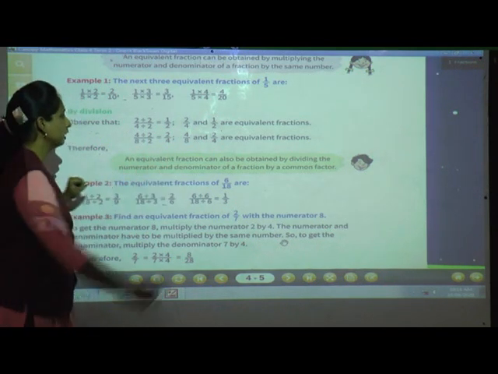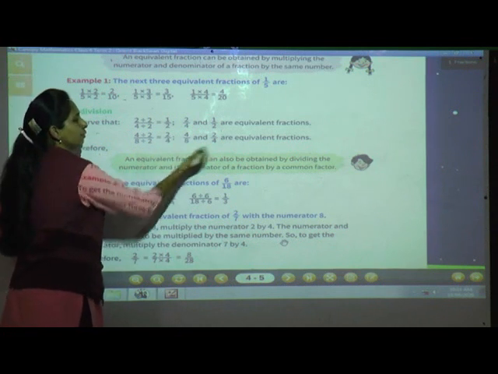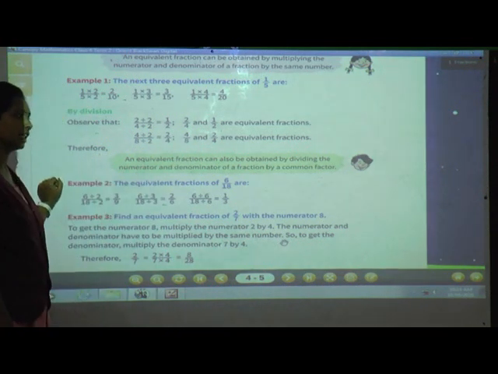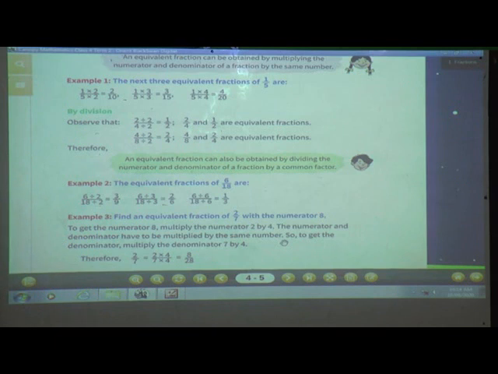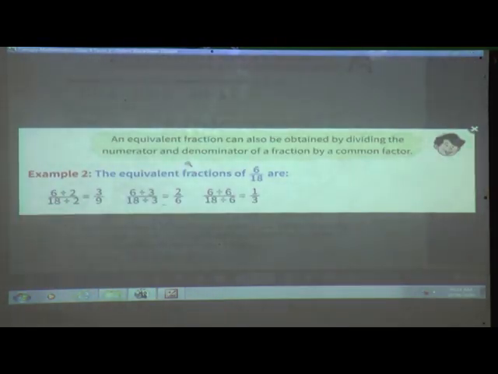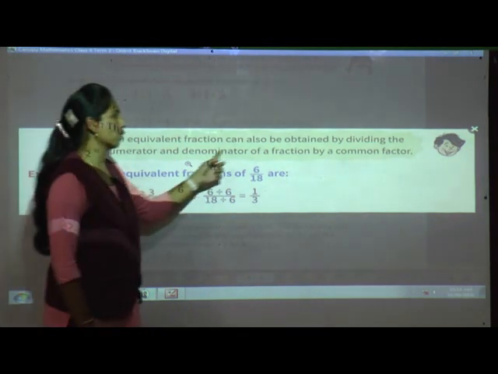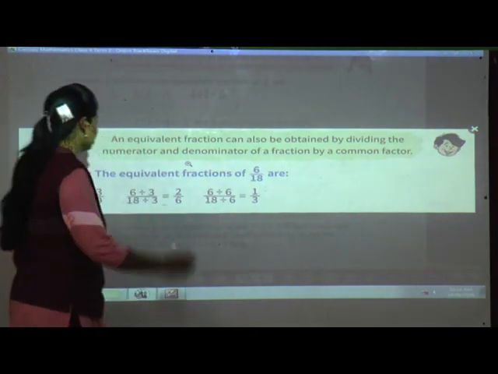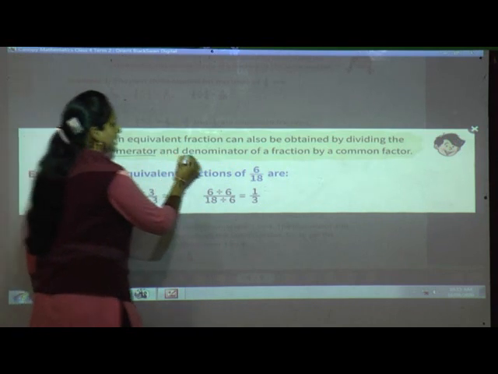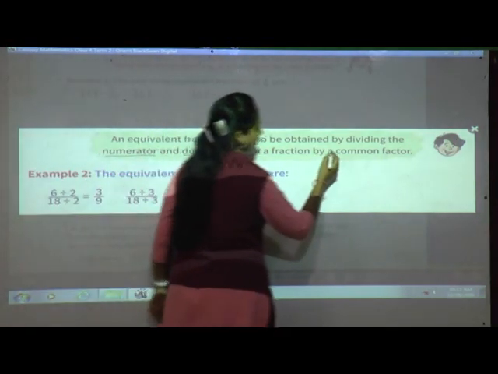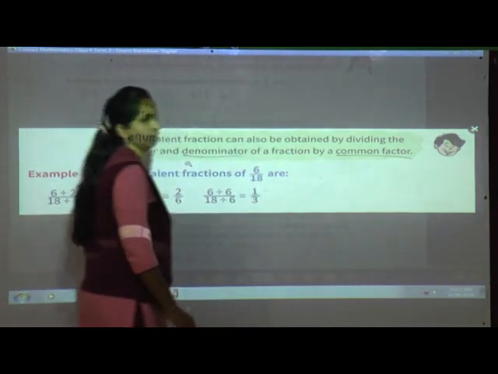So automatically 4 by 8 and 2 by 4 are equivalent fractions. Therefore what they said here is that equivalent fractions can also be obtained by dividing the numerator and denominator of the fraction by a common factor.